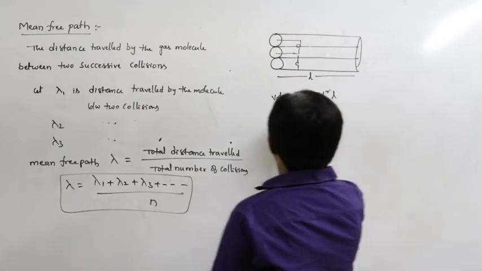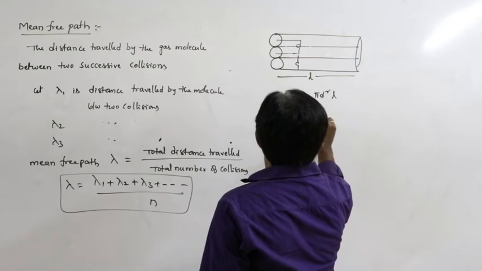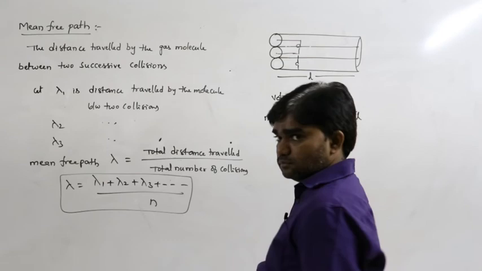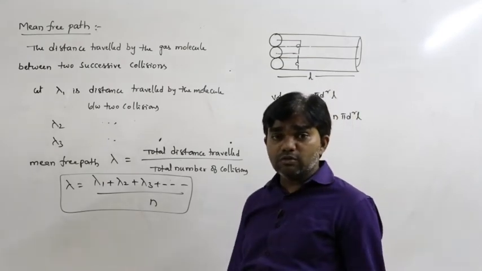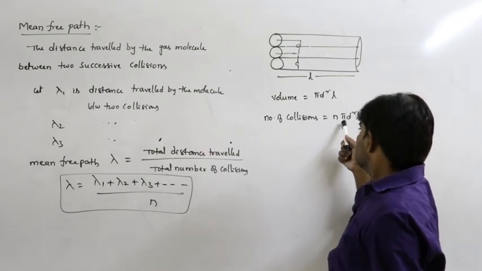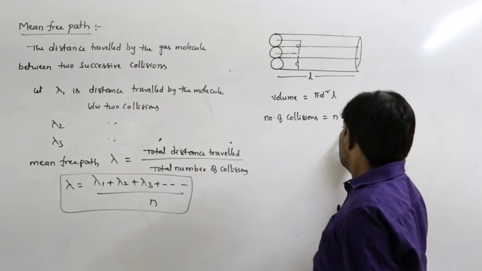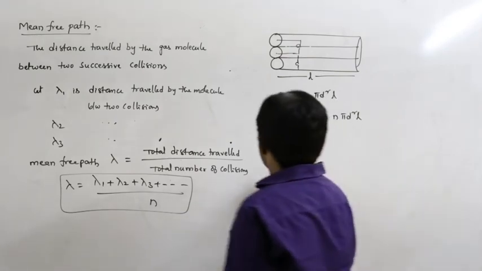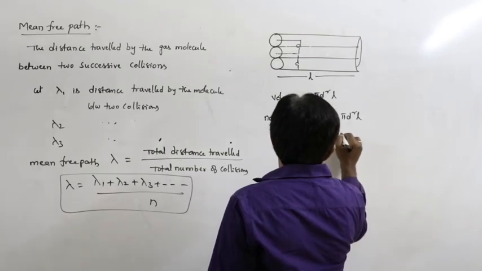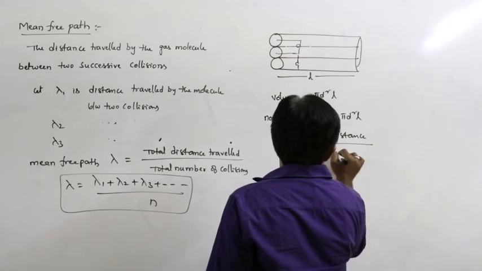So that means the number of collisions is equal to n, the number of molecules per unit volume, into pi d square L. Let us say n is the number of molecules per unit volume, and the volume is pi d square L. So the number of collisions is n pi d square L. Mean free path is total distance divided by number of collisions.